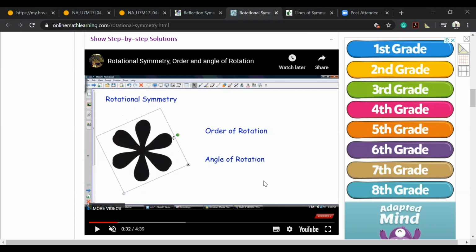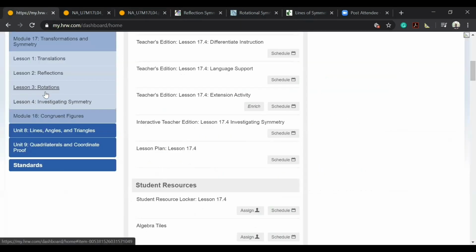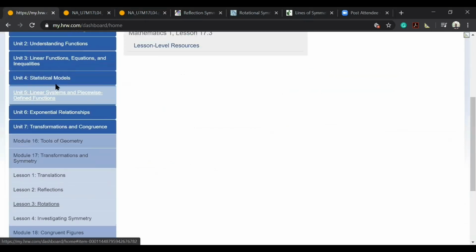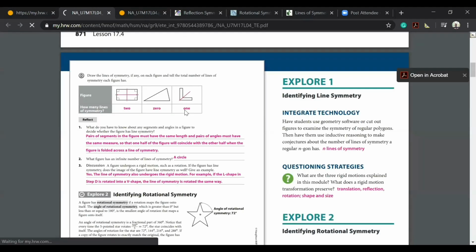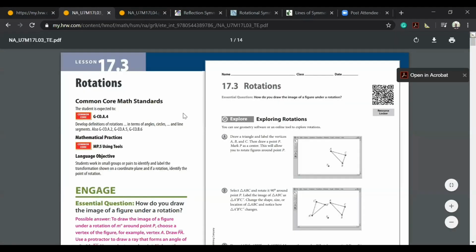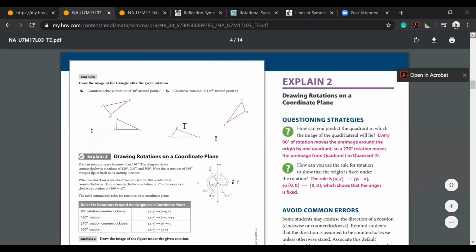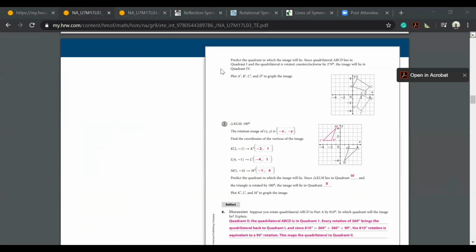Girls, let me give you a very quick example, just to make sure that we understand the rotational symmetry. Just bear with me. I will open one example from the previous lesson, the rotation image.